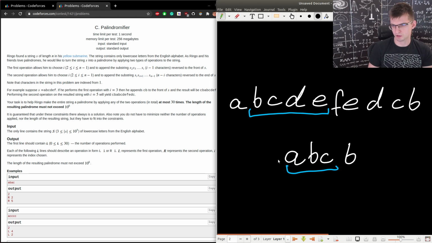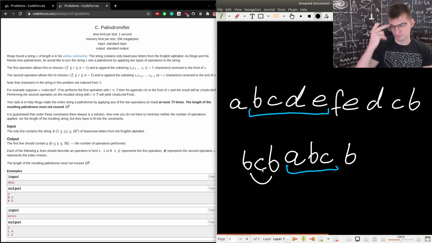What can I do on the left? Put B. Possibly also C if I want. Okay. Put C here and then B. Like that. Does it work in general?